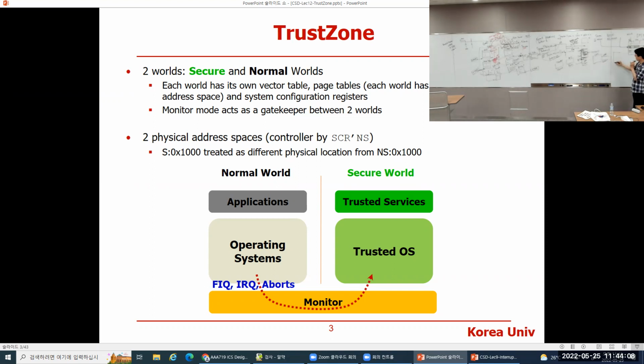So when you look up the cache, this 32-bit address is concatenated with that NS bit. That whole information is used to index the cache. Probably this one is the index, and that is the tag information.